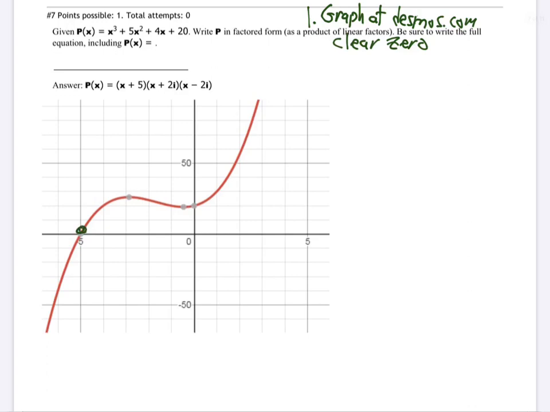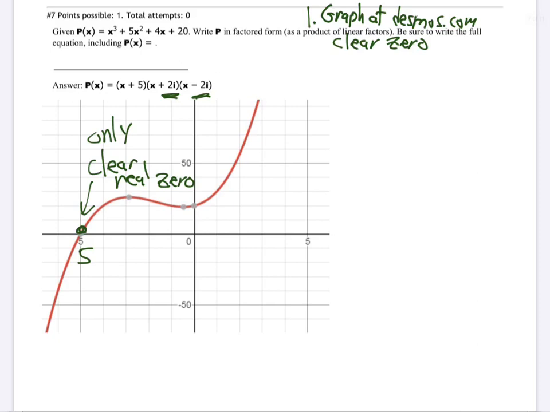And you can see right there at 5, that's a clear 0, and in fact, it's the only real 0. It's the only place the graph hits the x-axis. And so, therefore, the other zeros are going to be imaginary. We can see that's true, huh? See, the other factors or zeros, same thing, are going to be imaginary.